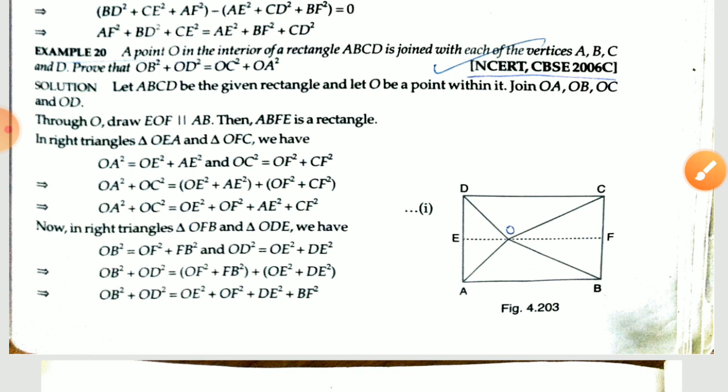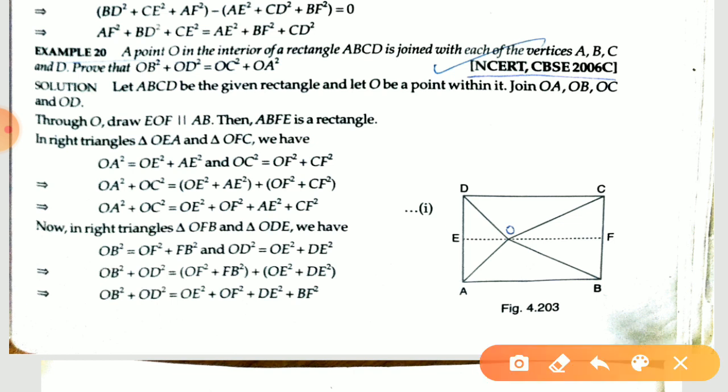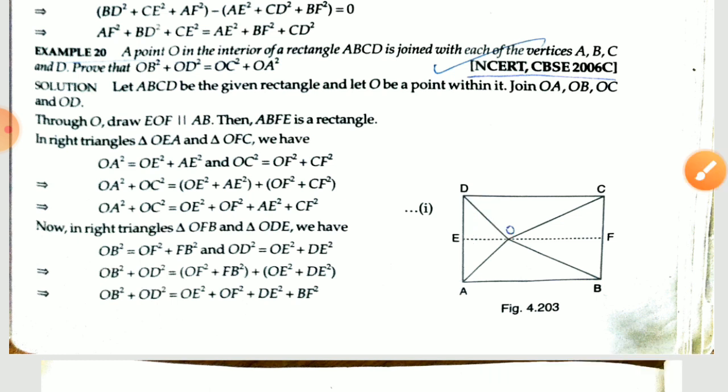And now in triangle OFB, here we have to consider OFB, and triangle ODE, so this triangle we have to consider, and again we have to apply the Pythagoras theorem. Then we will get OB square is equal to OF square plus BF square or FB square.